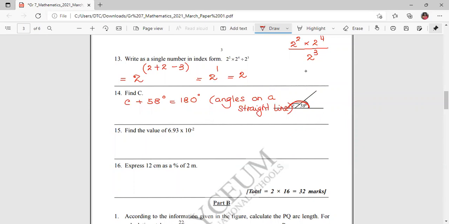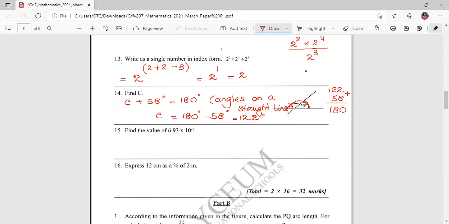So you just write the reason, angles on a straight line, and the relationship is that they add to 180. So to find the C value, 180 degrees minus 58 degrees, what will be the answer? 122. Yes, we'll cross check again. 122 and 58, we'll add them together. Then we should get 180. Yes, it is 180. So the answer is 122.